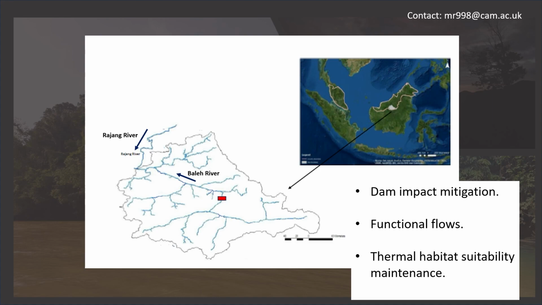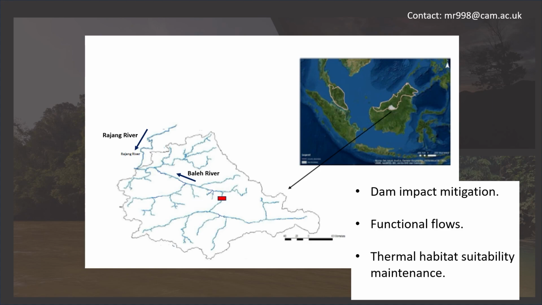What we've been working on mainly was developing the so-called functional flows. Maybe you're already familiar with those, but basically they are flows at which the dam can be operated that minimize the impact in the downstream area of the river.